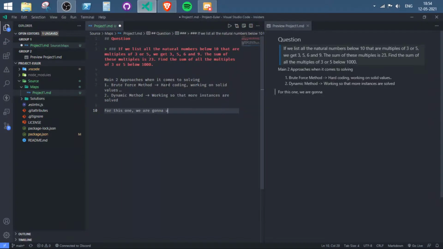So we are going to use the dynamic method. Now we have to get the main concept. I guess I'm going to bold it or something.